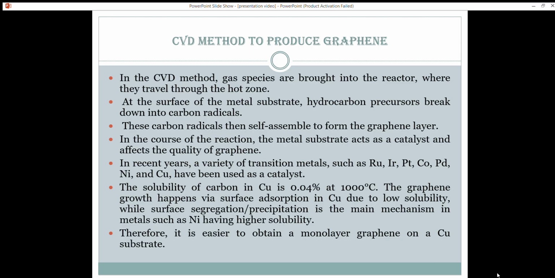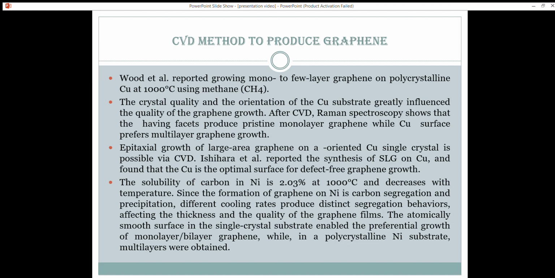Next, we will see that various scientists have reported their work regarding the chemical vapor deposition method used to produce graphene. Wood reported growing mono to few layer graphene on polycrystalline copper at 1000 degrees Celsius using methane as a carbon source precursor.